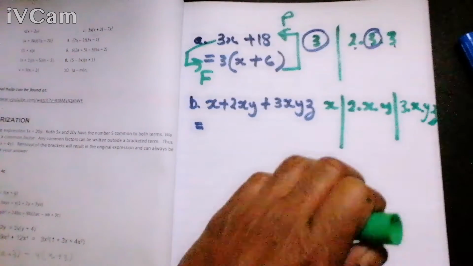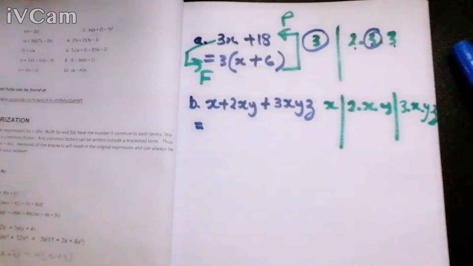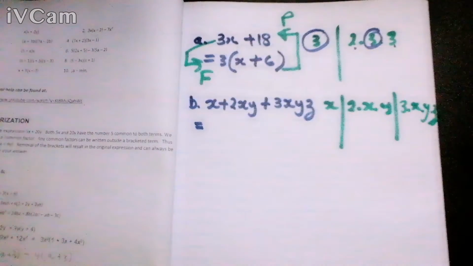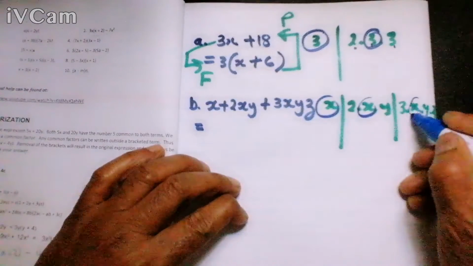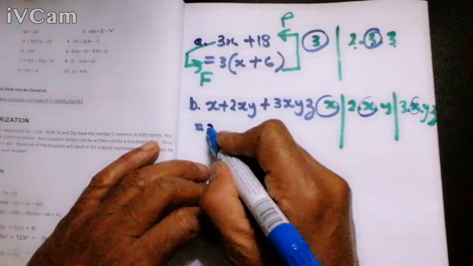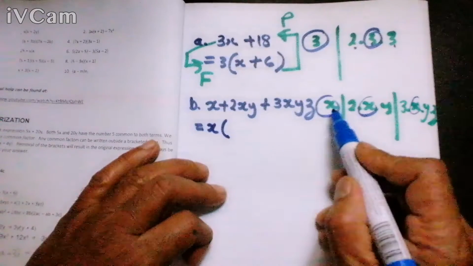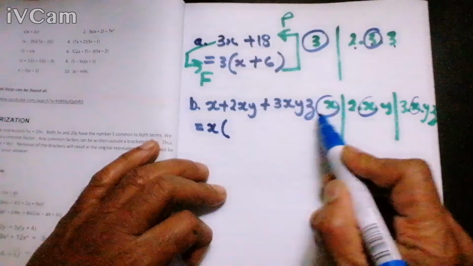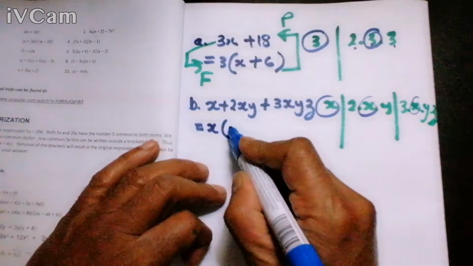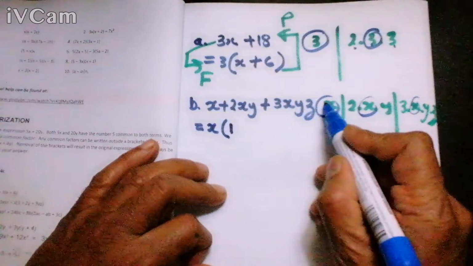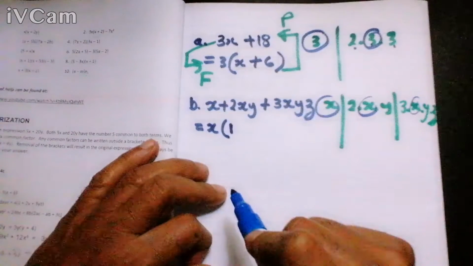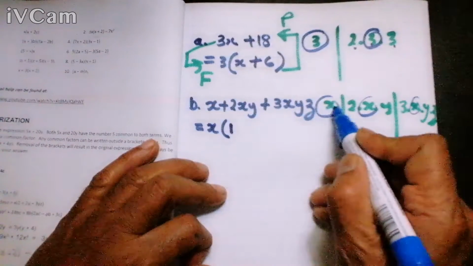Let's try to put that down there. Okay, so the only term that is common to all 3 is the term x. So if I write down the term x, what am I left with here? Something times something must give me x, so it has to be 1, because sitting in front of the x is the 1. Remember, we spoke about that previously. That is actually 1 times x, or 1x.